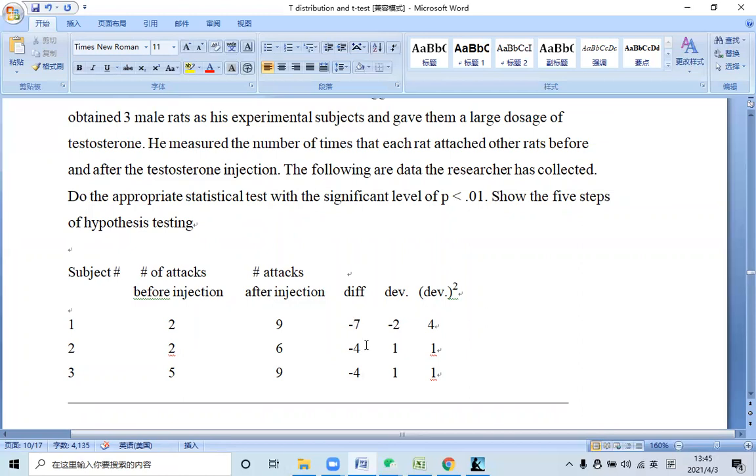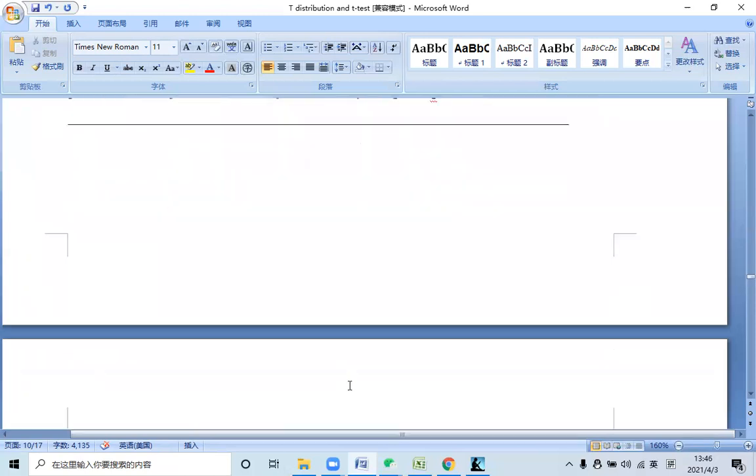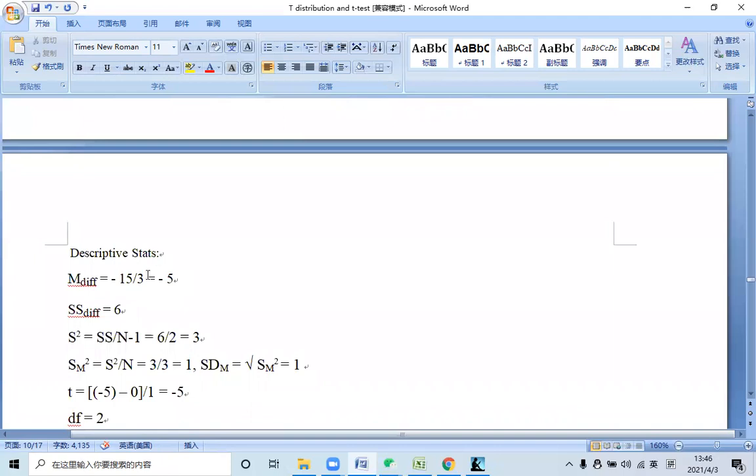The first one really got a boost. First rat got a big boost. Number 2 and number 3 to a lesser degree. You calculate the average. On average, what's the difference? Increased by 5.